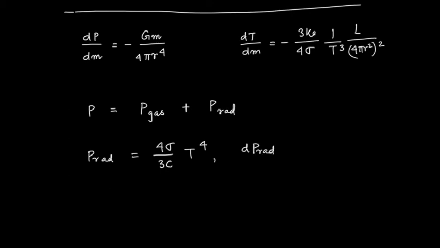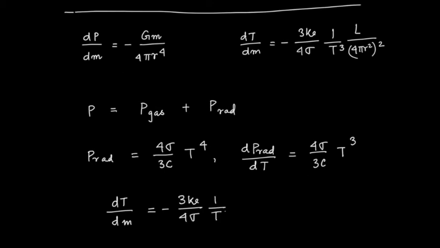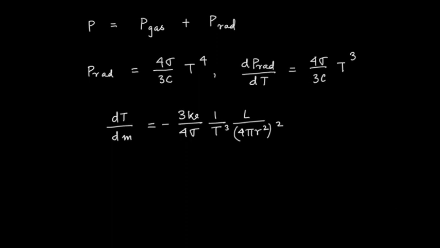So I can say how the radiation pressure changes as a function of temperature is simply: I have dT/dm as minus 3 kappa by 4 sigma, 1 by T cubed, L by 4 pi r square, whole square, and dT I can replace with d pressure.